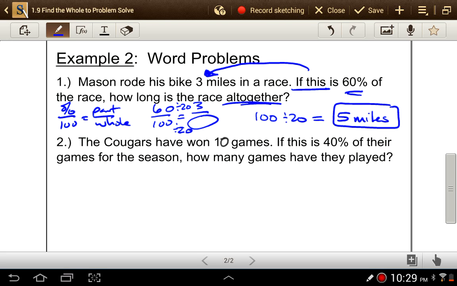Okay, the Cougars have won 10 games. If this is 40% of their games for the season, how many games have they played? So again, percent over 100 equals part over whole. Get in the habit of writing that every time. Plug in your numbers for step 2. 40%, so that's 40 over 100 equals, they've won 10.